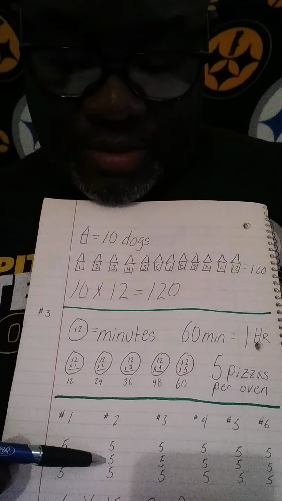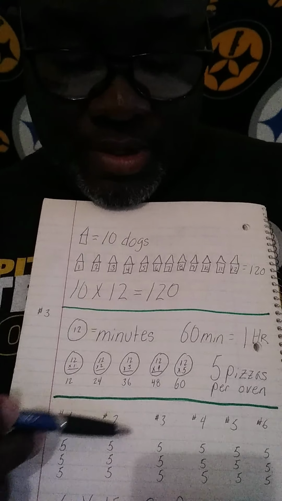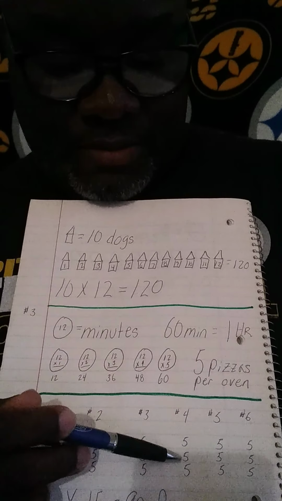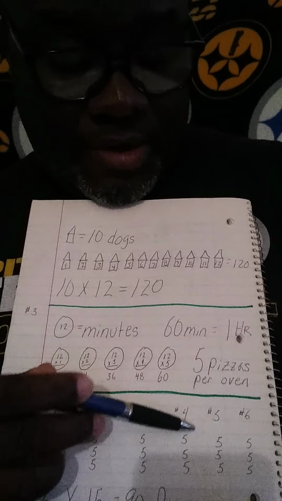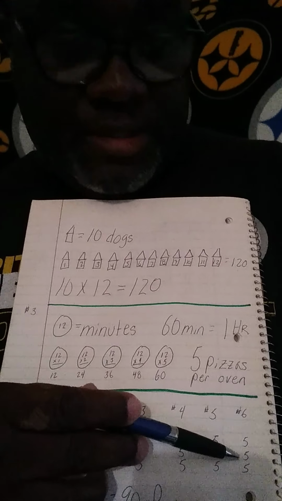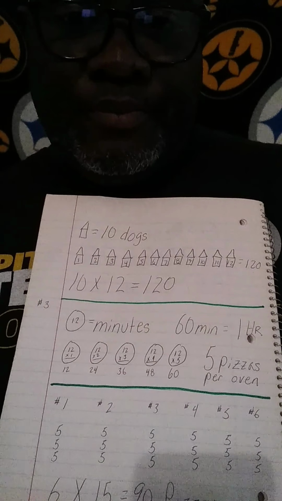I got 15 pizzas in oven 2. I have 15 pizzas in oven 3, 15 pizzas in oven 4, 15 pizzas in oven 5, and 15 pizzas in oven 6.